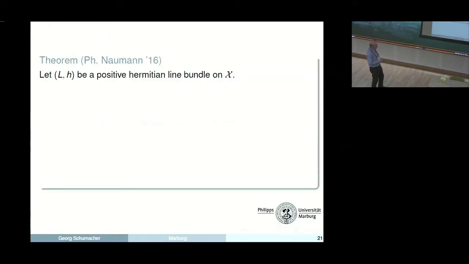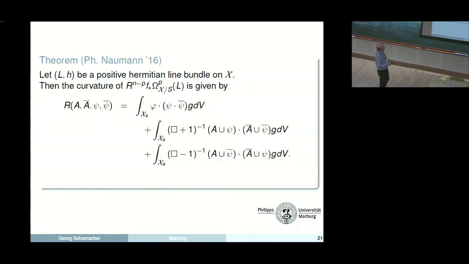And then there is the following theorem by Philip Naumann from Marburg. And he has the following result. We start from a positive Hermitian line bundle, and then he can prove the curvature of the twisted Hodge bundles.